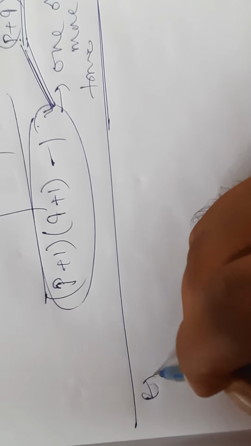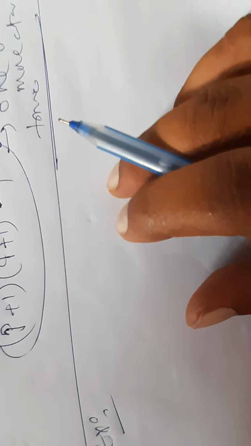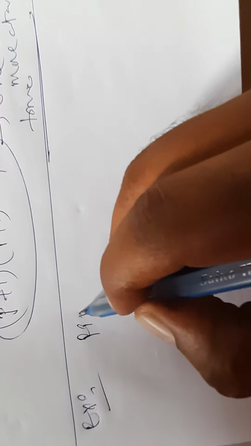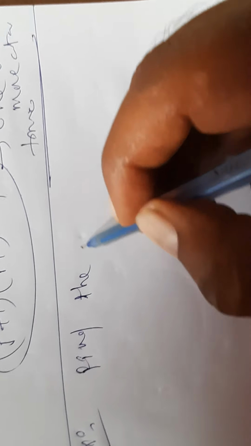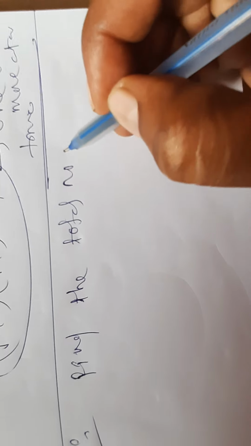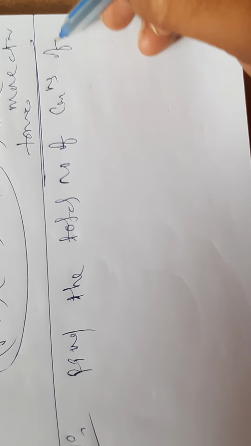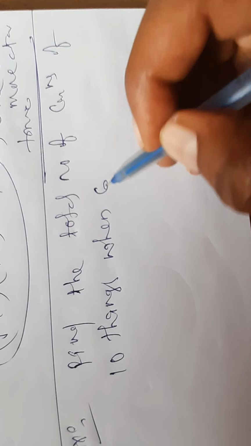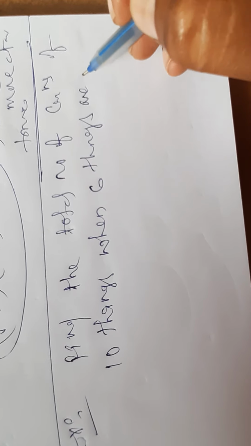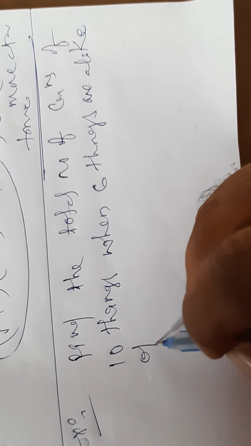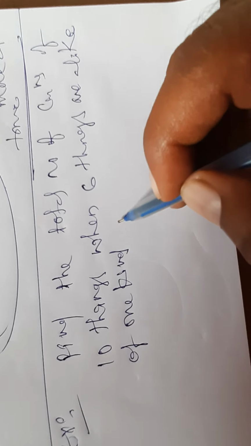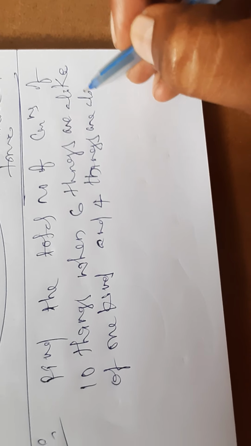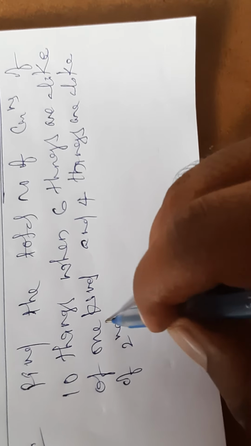Here one example I will explain. Listen to the example. Find the total number of combinations of 10 things when 6 things are alike of one kind, and 4 things are alike of second kind.